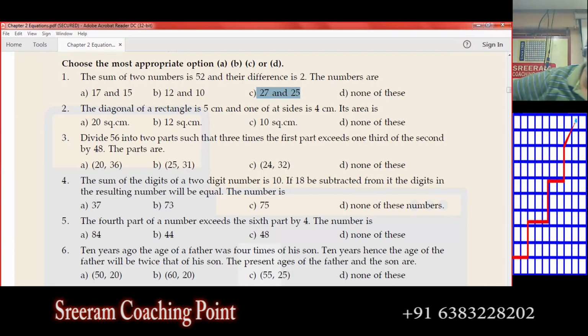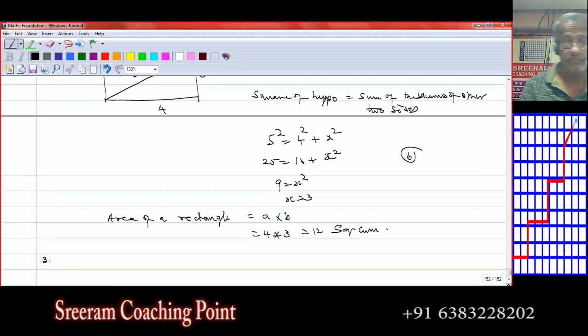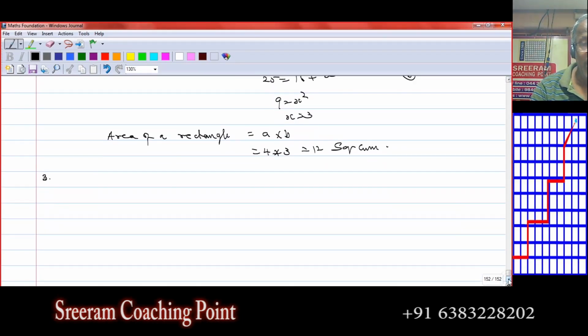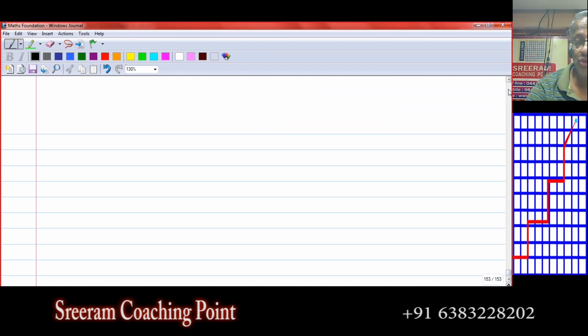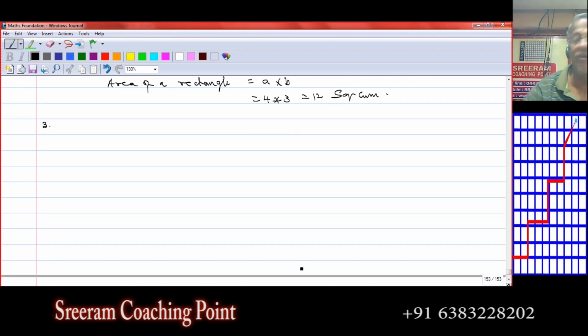Such that 3 times the first part, 3x minus 1 by 3y equal to 48. Correct? Whatever information they give, you should be in a position to program it and form the equation. That is very, very important.